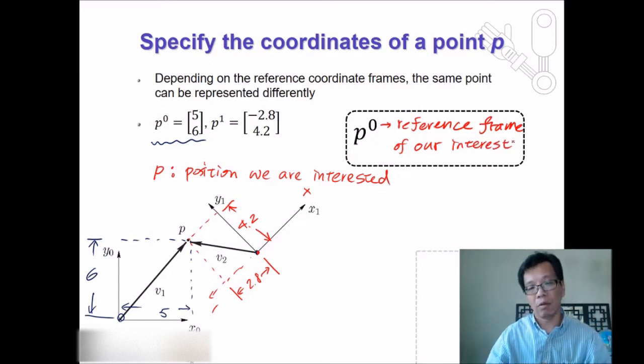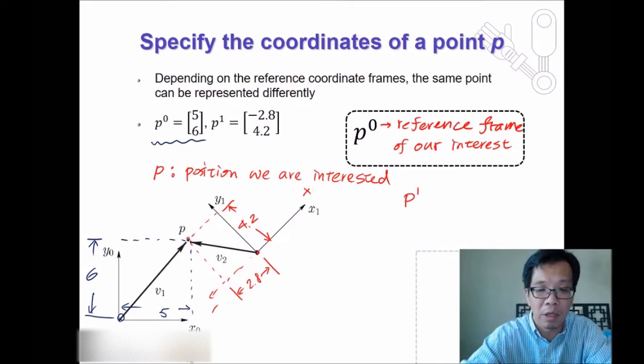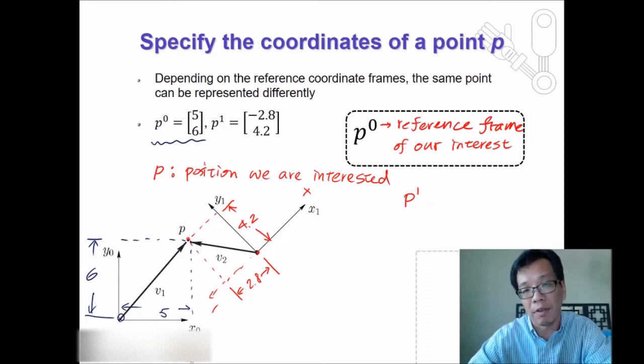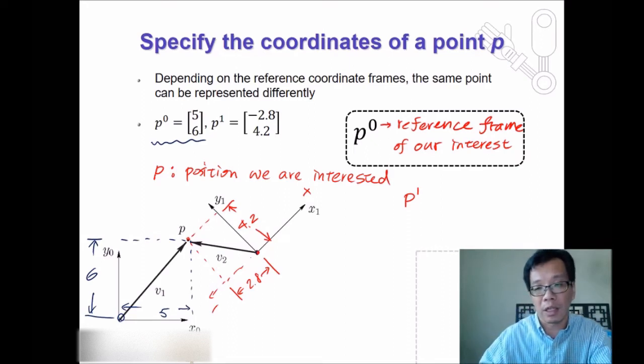So if you are using P1, it means that you are observing this point from coordinate x1 and y1. We're going to use those kinds of relationships to describe what's going on in the next slide.